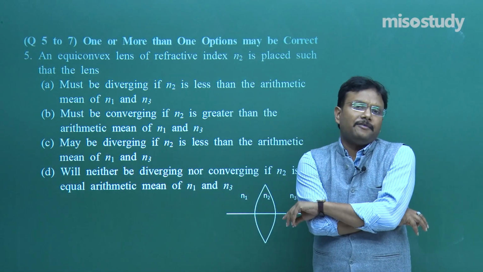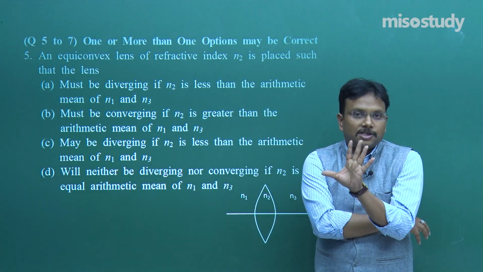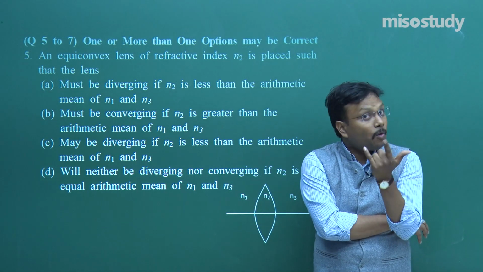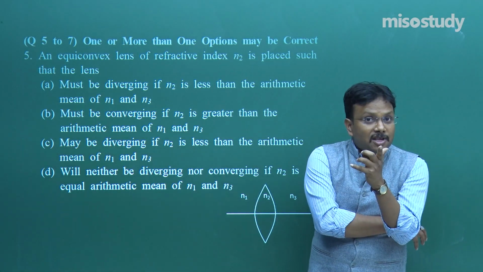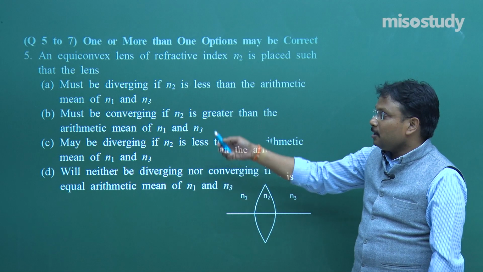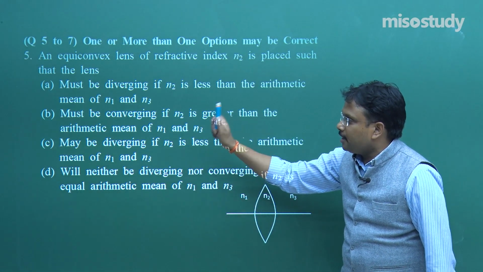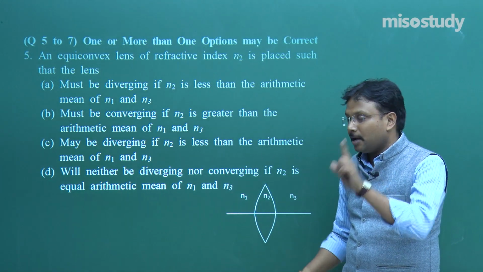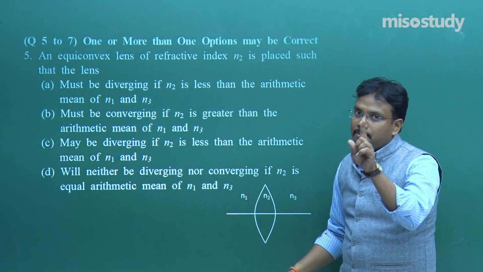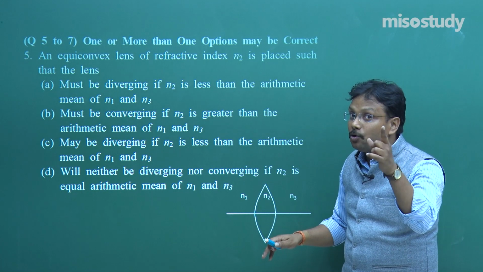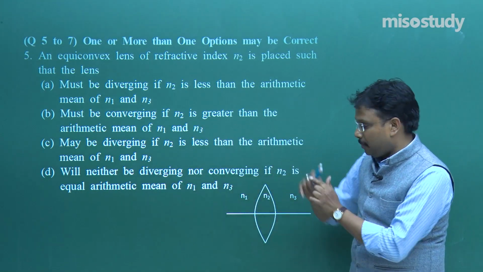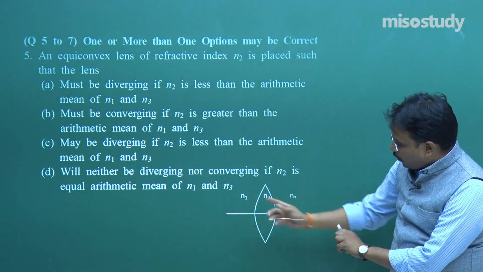What is the meaning of diverging? Diverging means concave or convex? Converging means? So first, this question is going to check your understanding of the nature of the lens. Number 1, if you don't have the clarity, please stop over here, revise your concept, then come back to the problem.